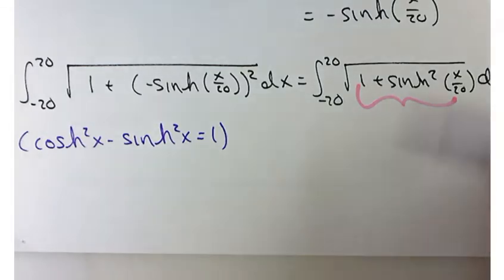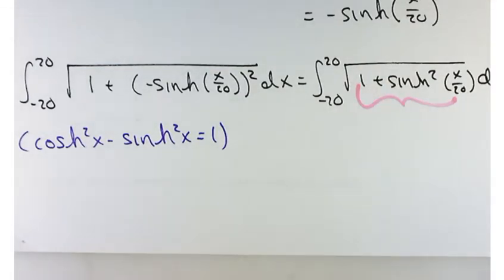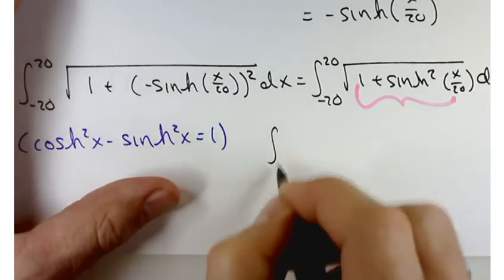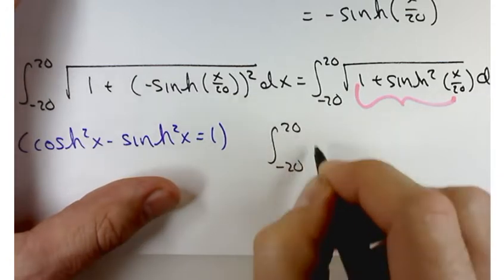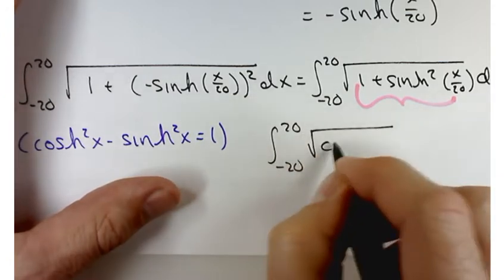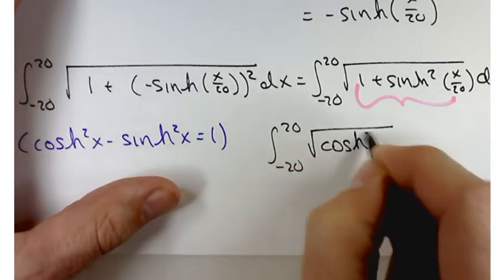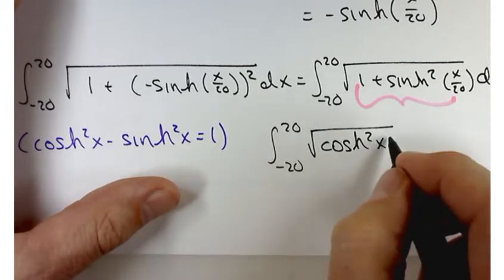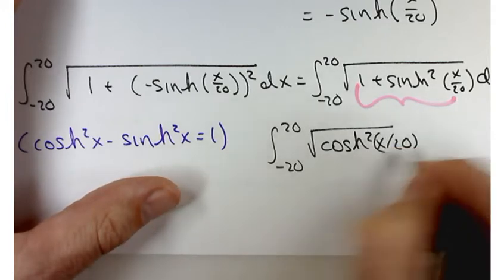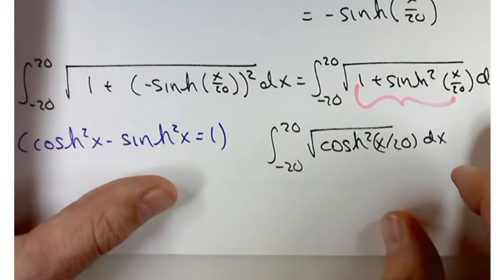And here again, we're using that. So, perfect. Just-in-time identity. And that becomes the integral from negative 20 to 20 of cosh squared of x over 20 dx.